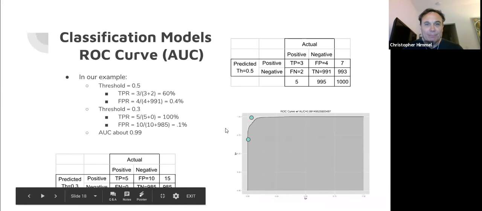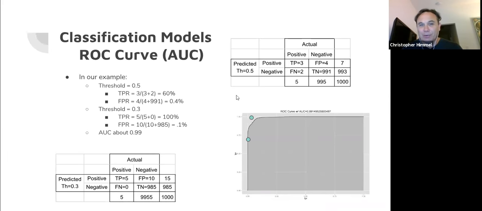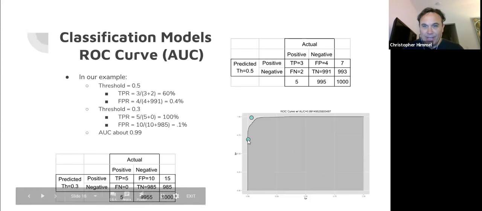If I have, for instance, my model where I was somewhat close, and I had a threshold of 0.5, I ended up with a true positive rate of 60%, 3 out of 5, and a false positive rate of 0.4. So that ends up being this spot right here.